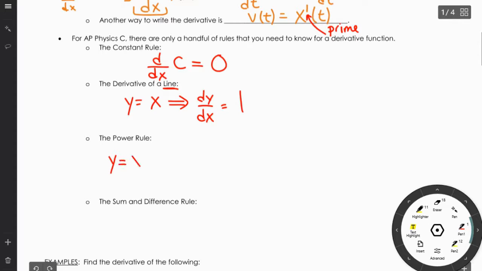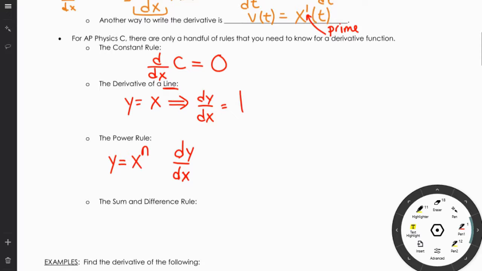So our function is y equals x to the n, and I want to find the derivative of y, so I want to do dy/dx. Now, I forgot to say this earlier, but this is read as the derivative of y with respect to x. So the variable I'm taking the derivative with respect to is x.